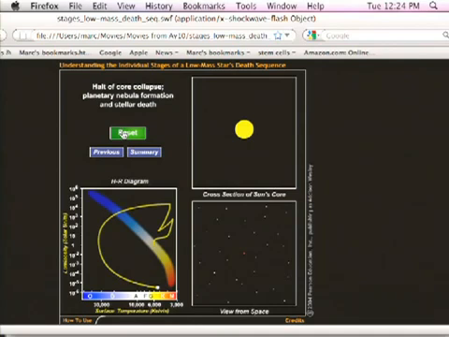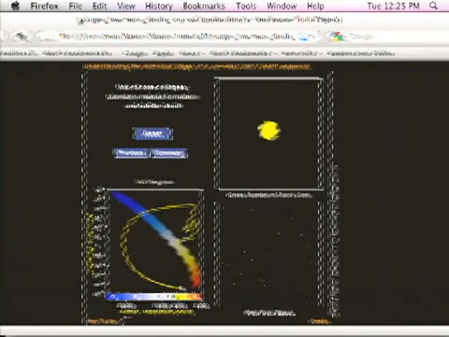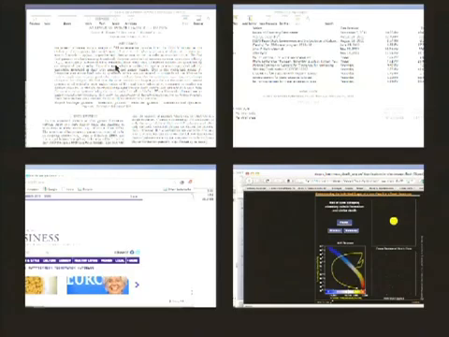Later we'll see what happens to the post-main sequence of really heavy stars. So that's important because it has a tremendous amount of use. But anyhow, I think that's enough for today.